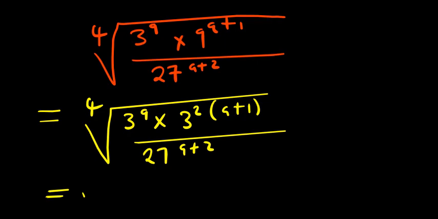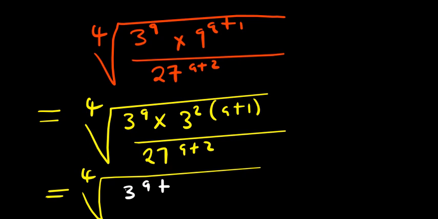Now that you've got that, you are going to continue with the fourth root. Because you have the same base, you can now keep the base and add the powers. So you're going to have 3, and because you're multiplying, you're going to add the powers.